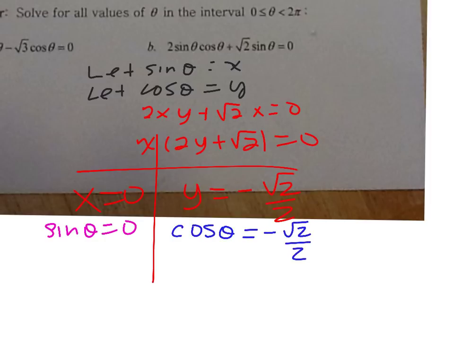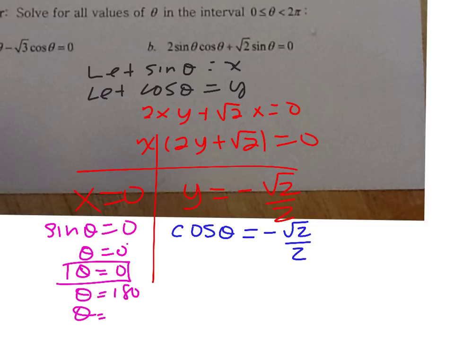All right, so sine, remember, is your y value. Sine is 0 at 0 degrees, which is 0 radians, and 180, which is pi. Also 360, but my interval is only to 2 pi, not including 2 pi, which is 360, so we don't include that one.